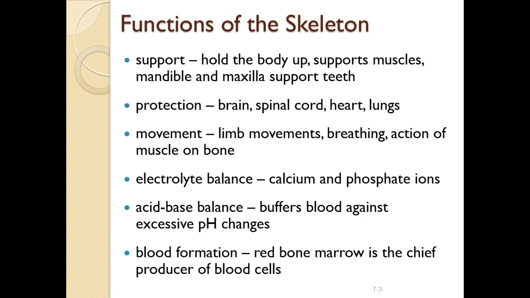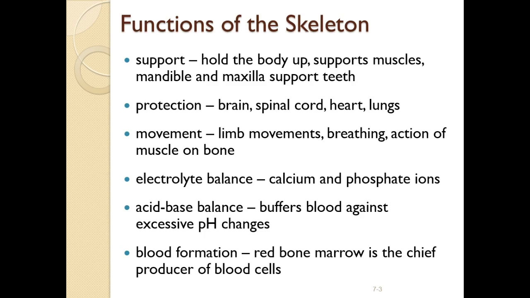The heart, what protects the heart? The sternum, for one, right, and also the ribs in the area. And the lungs, what protects the lungs? The ribs, very good. So the skeleton also provides movement, not in the same way that we say muscles do. We know muscles are specialized to be able to what? Contract.